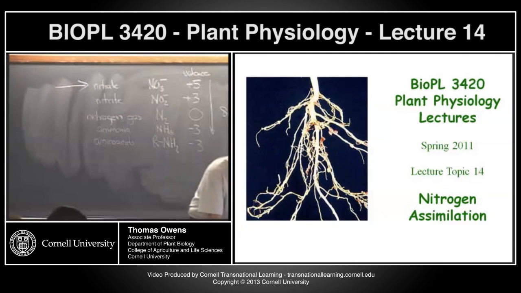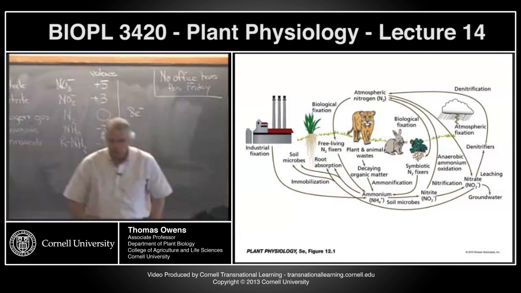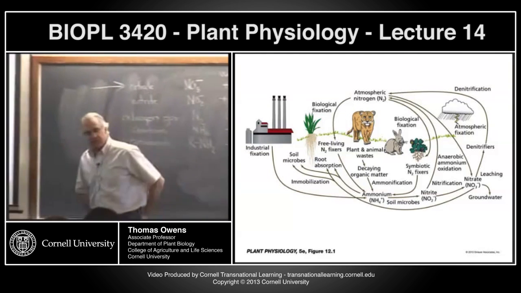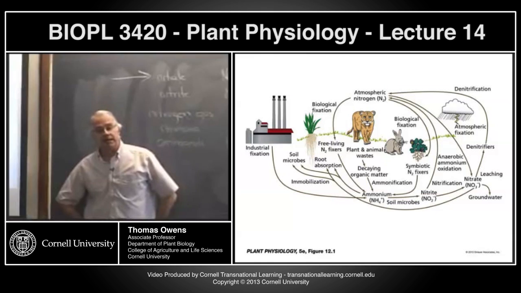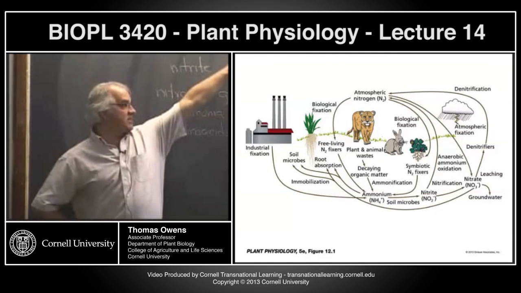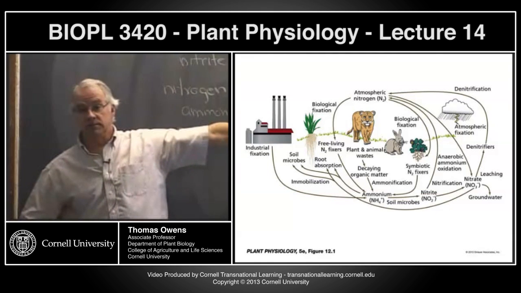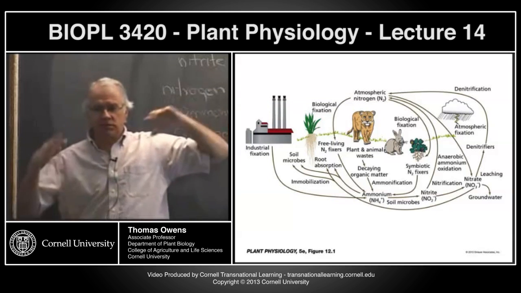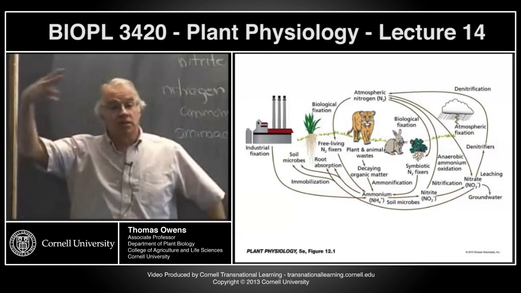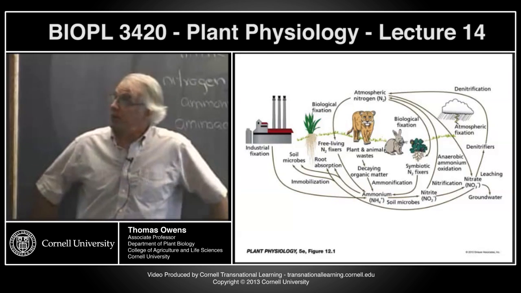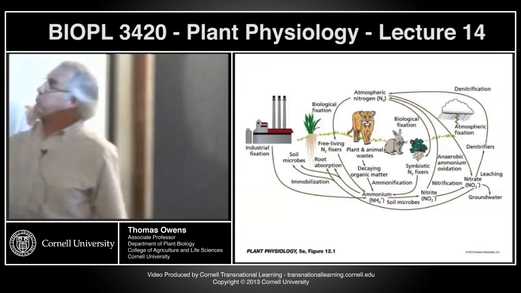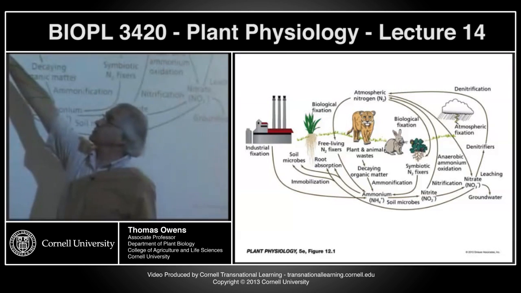Okay, so one of the things that you learn about in an ecology class or an introductory biology class is the idea that these different pools of nitrogen are not constant. The nitrogen just doesn't sit there all the time. There's a lot of fluxes between various pools. So if we think about plants, they're taking up nitrogen from the soil.